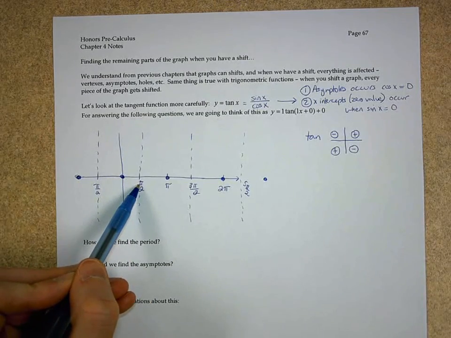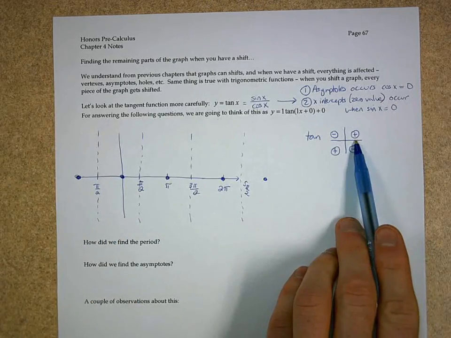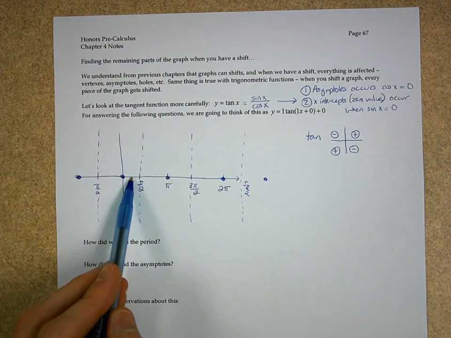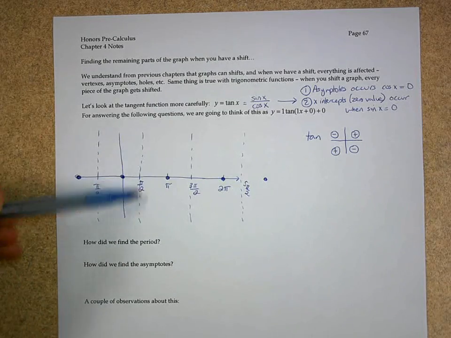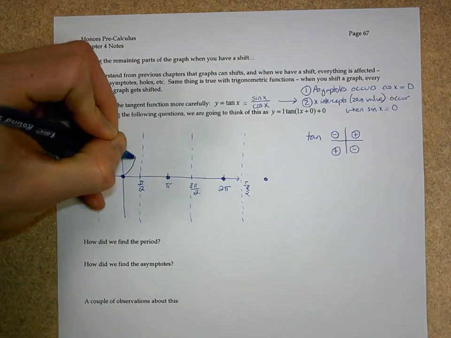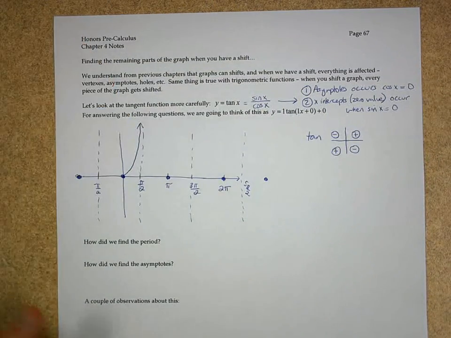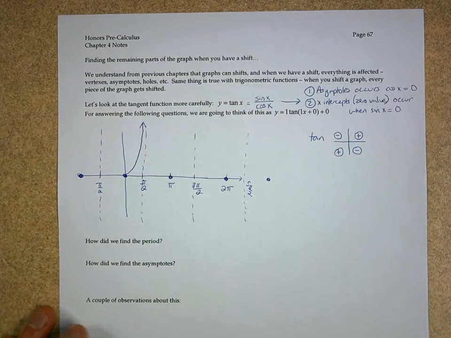Well, 0 to 90 degrees represents the first quadrant. And we know tangent has to be positive in this area here, that's the first quadrant. Anything from the y-axis to this vertical asymptote here is going to be the first quadrant. And we know tangent is positive in the first quadrant. So I've got to be greater than 0, which means I'm going to be heading up.